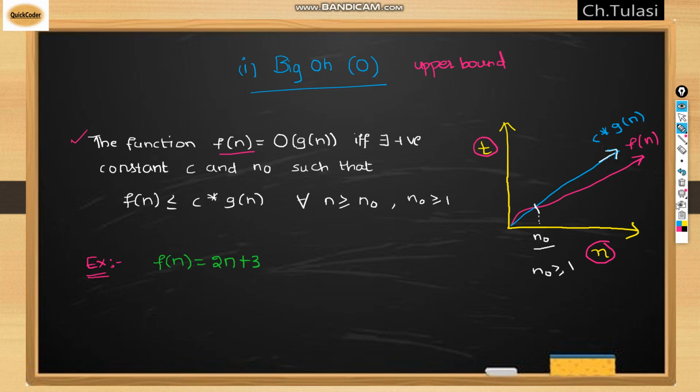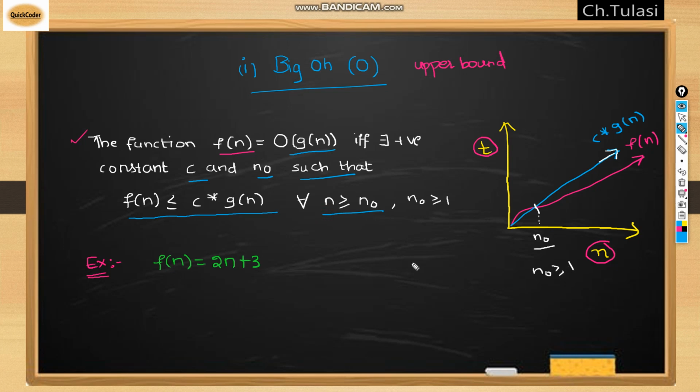So let's come to the definition now. f of n is equal to big O of g of n if there exist positive constants c and n naught such that f of n is less than or equal to c into g of n for all n greater than or equal to n naught, where n naught is greater than or equal to 1.